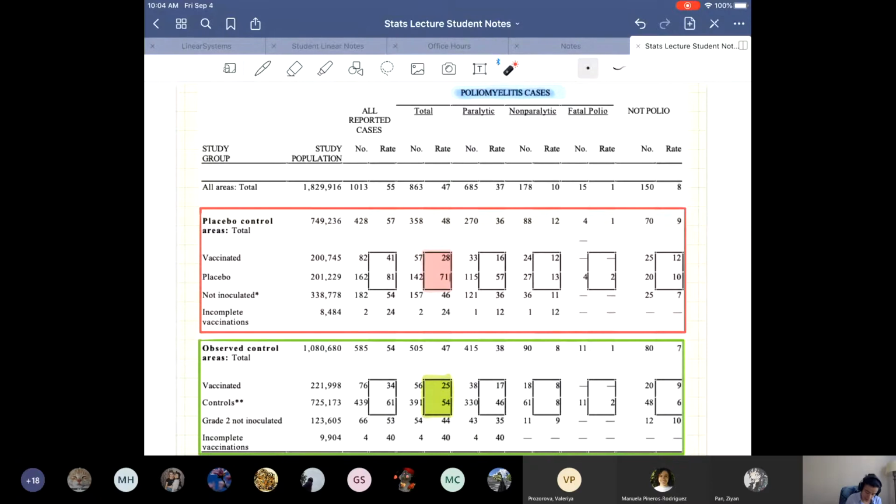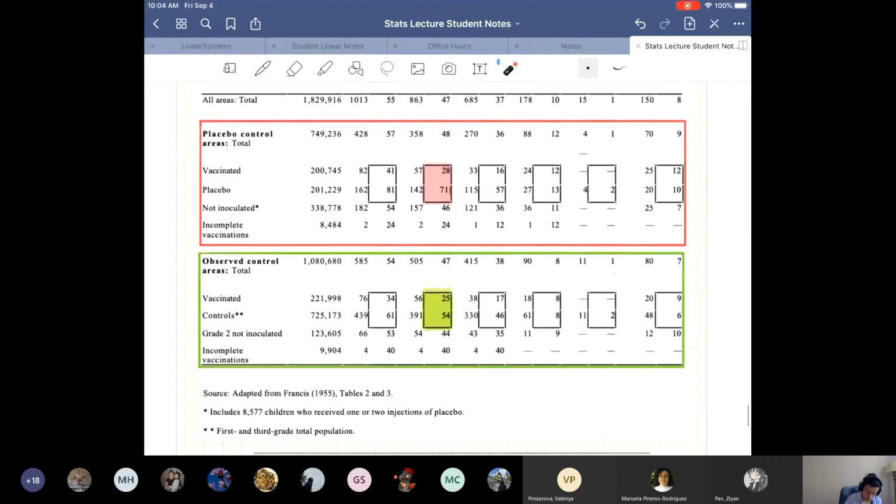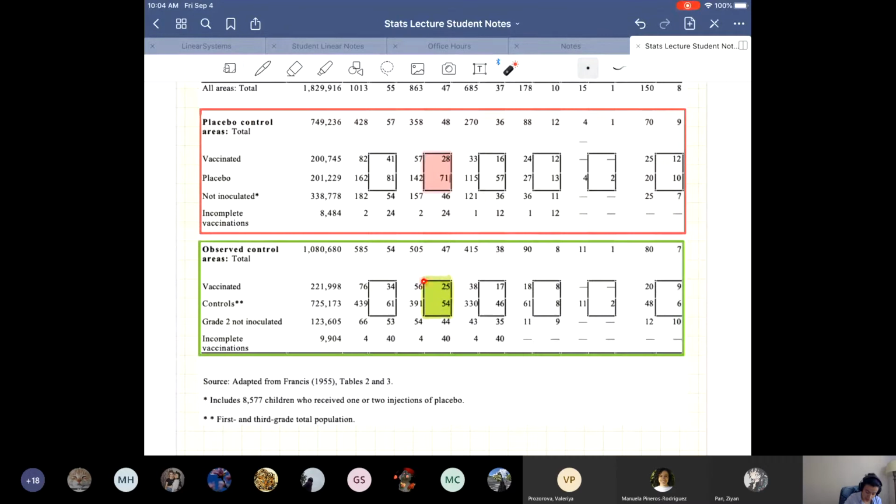And the second option was the vaccinated children versus the control children. And in this case, the controls were not placebos, but rather the first and third graders population, right? So you can see that over here.